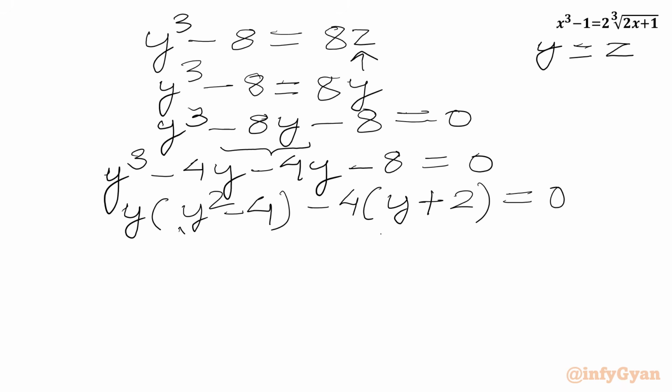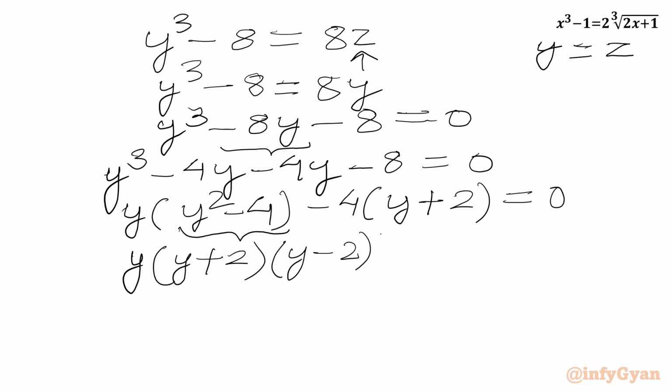Now we will be using the difference of two squares identity here, because 4 is 2 square. We will get y times y plus 2 times y minus 2 minus 4 times y plus 2 equal to 0. Now y plus 2 is overall common.